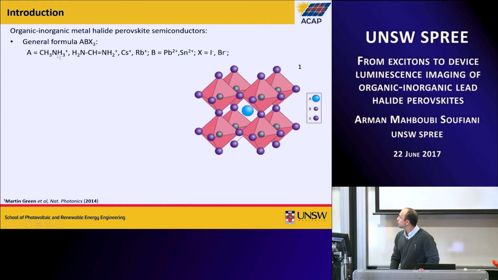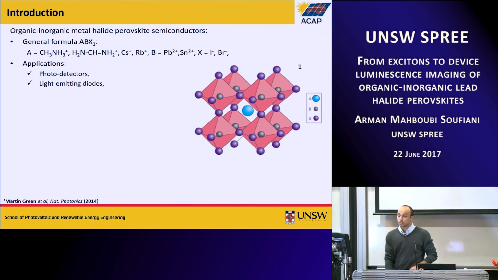Commonly, methylammonium and formamidinium are used, and more recently, cesium and rubidium are used as the A element. And you can see A is located in this cuboctahedral space in the perovskite structure. B is the divalent cation, lead or tin can be used, and X is the halide.